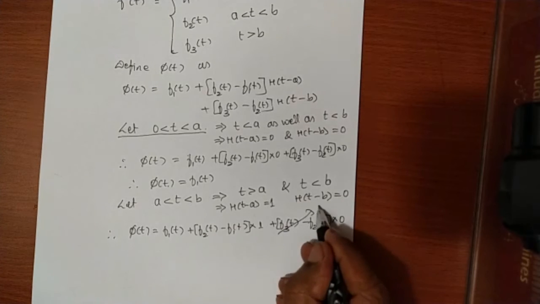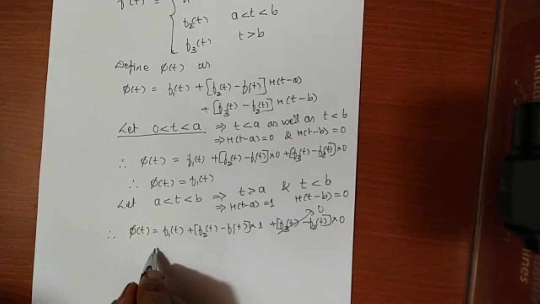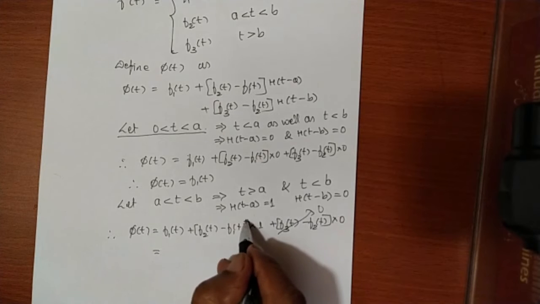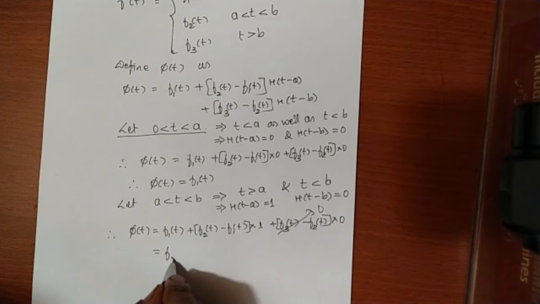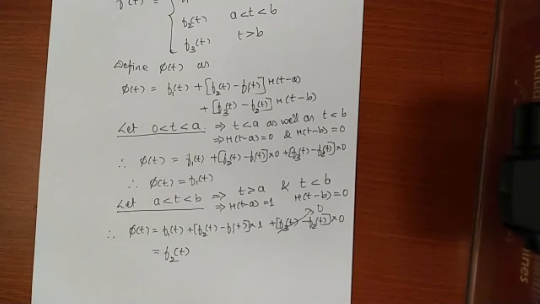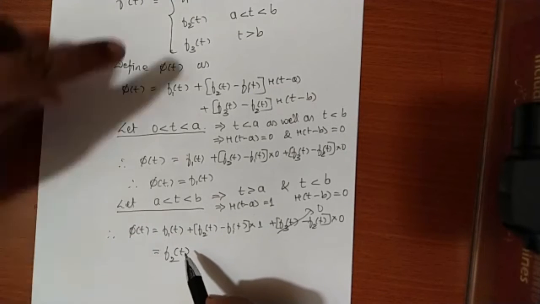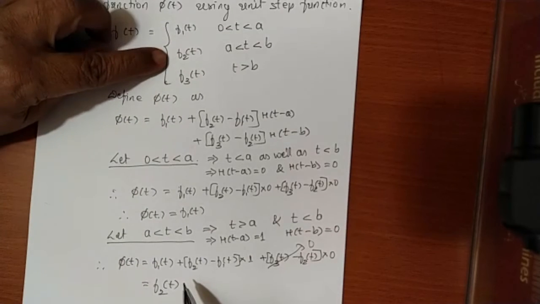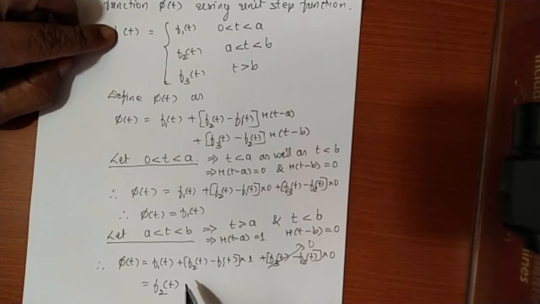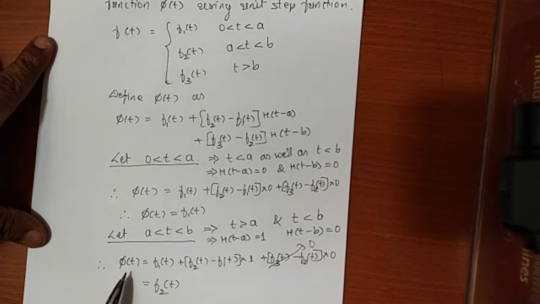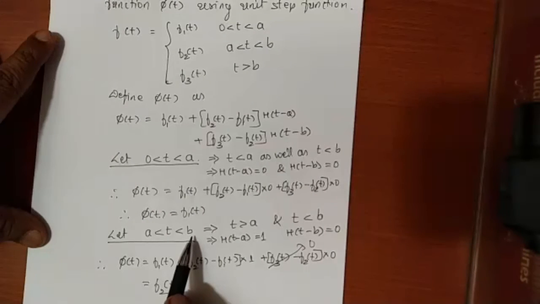So this value is 0, and this will be equal to f1(t) plus f2(t) minus f1(t). These two cancel, so I am left with f2(t). Therefore, for a less than t less than b, I got f2(t), which is the same as f(t) in a to b.